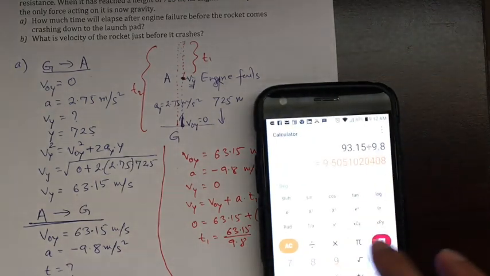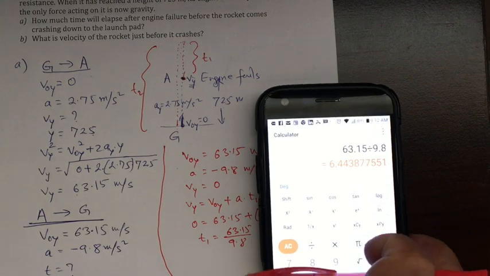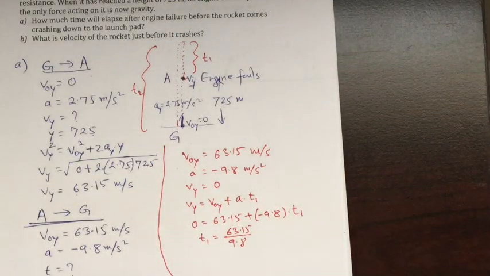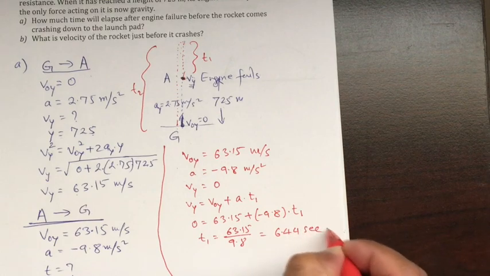Oops, I did 93.15. Hold on. 63.15 divided by 9.8 will give me 6.4 something, 6.44. Okay, so this will give you 6.44 seconds.